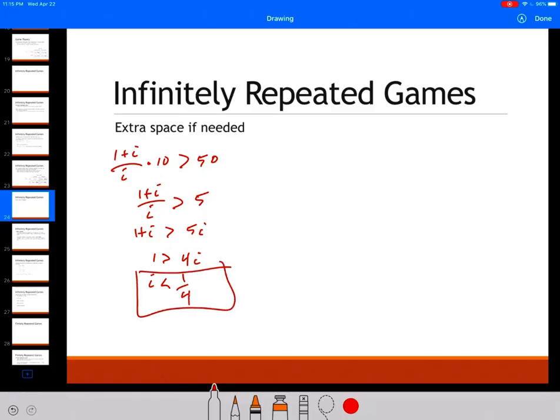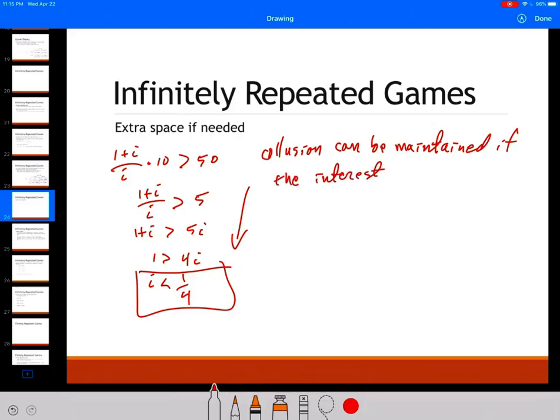That is, collusion can be maintained if the interest rate is below 25%.